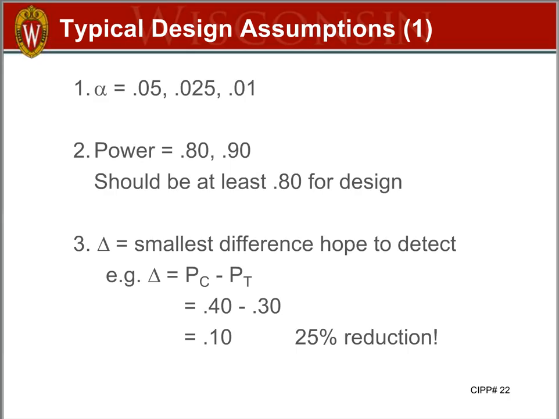So we define power to be at least 80%, better yet, 90%. That is, we have a 90% chance of finding the difference we're actually looking for. And we define delta as the smallest difference that we hope to detect. In my little example, I've said I think we can reduce the failure rate from 40% to 30%. So delta is 0.10, or equivalently a 25% reduction.